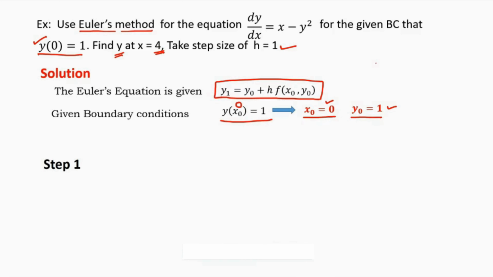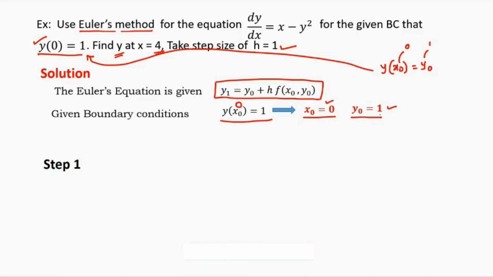As I have written in the previous case, this is the standard format. Whatever value is given here is equal to 0 and this is equal to 1. So you refer to this boundary condition. On the same reference, I have written here x naught is equal to 0, y naught is equal to 1. So have you understood, everyone? How have I taken x naught is equal to 0 and y naught is equal to 1?